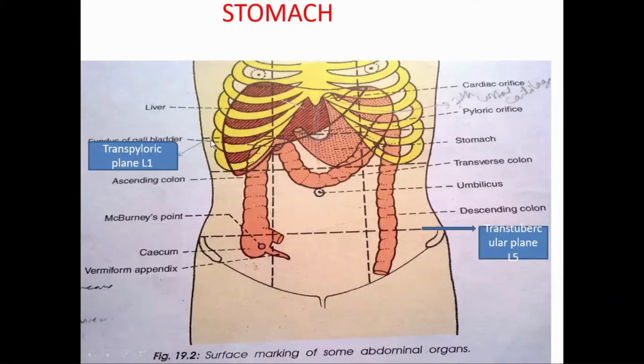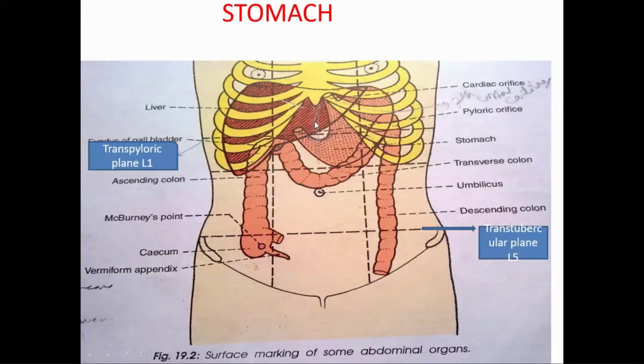The transpyloric plane crosses the pyloric orifice of the stomach, opposite the lower border of L1. The second horizontal plane is the transtubercular plane, opposite the upper border of L5, passing through the tubercle of the iliac crest.